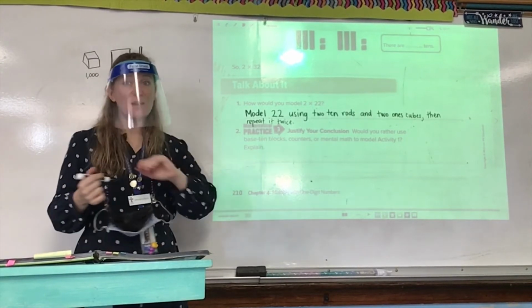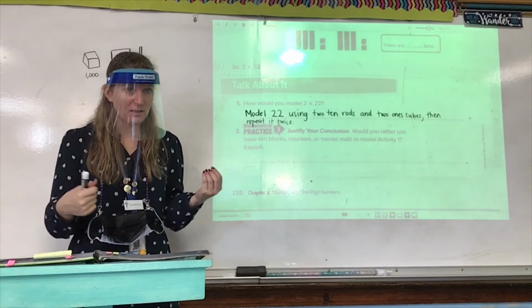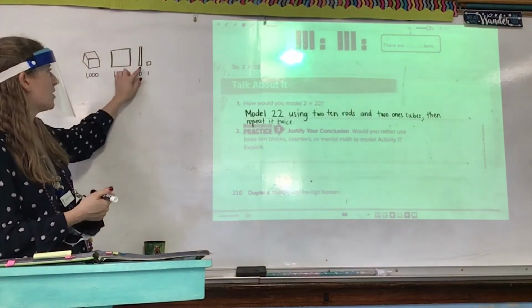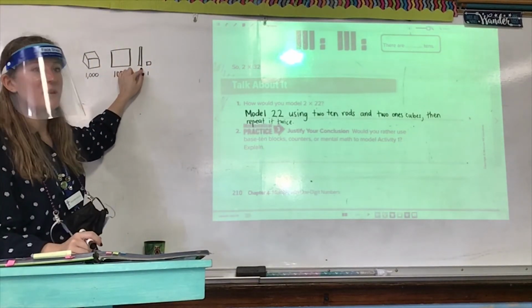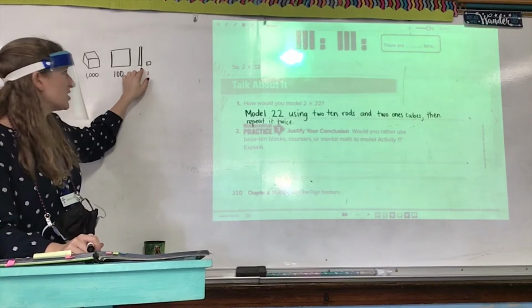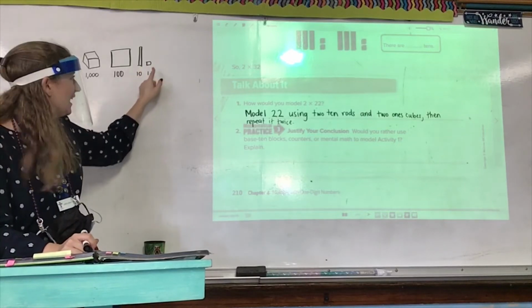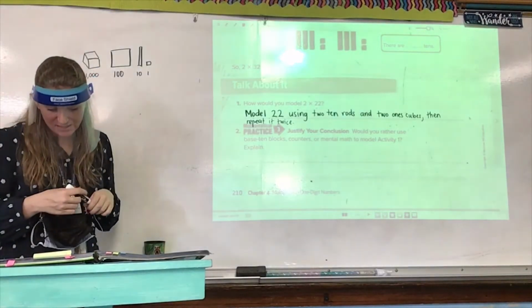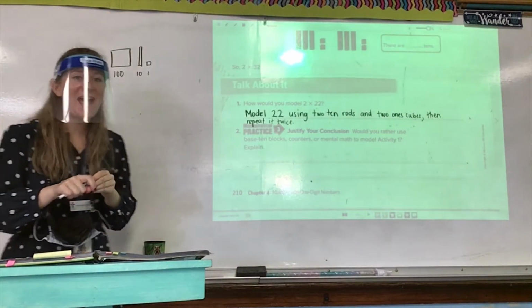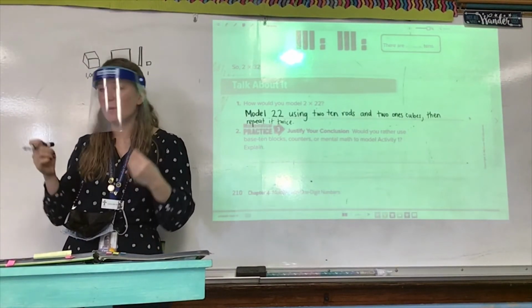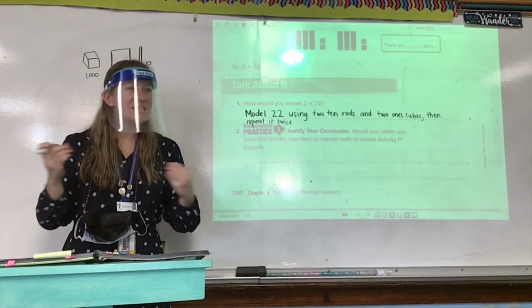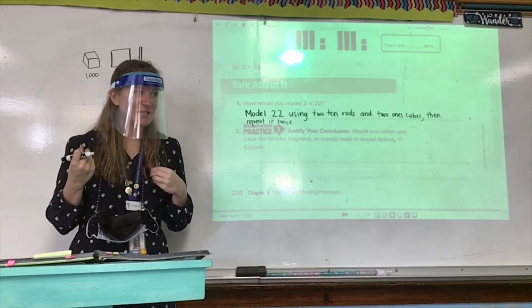Whereas base 10 blocks at this point are a lot easier because you don't have to draw 22 little pieces. You just draw 2 big pieces and 2 little pieces. So, for now, at this point in your math life, base 10 blocks would probably be the easiest.